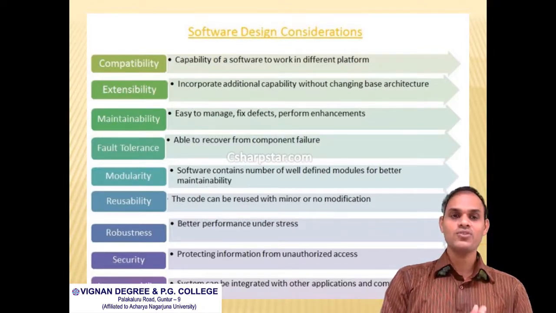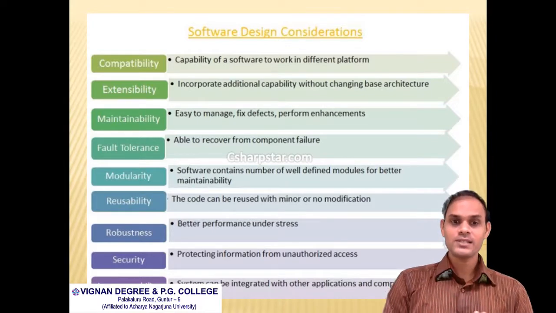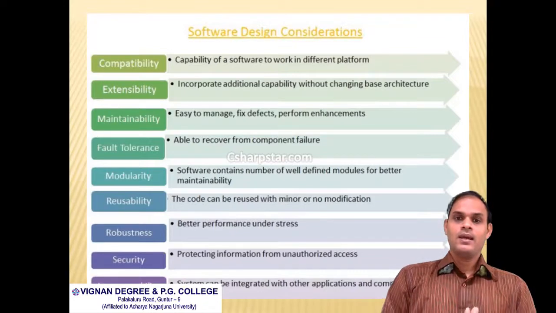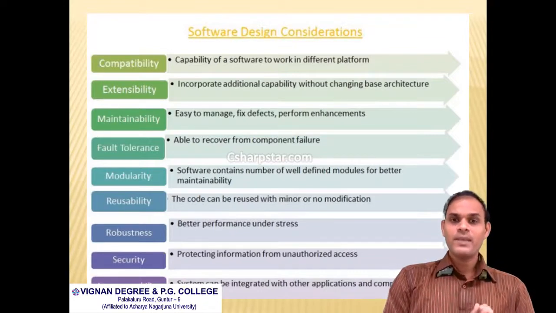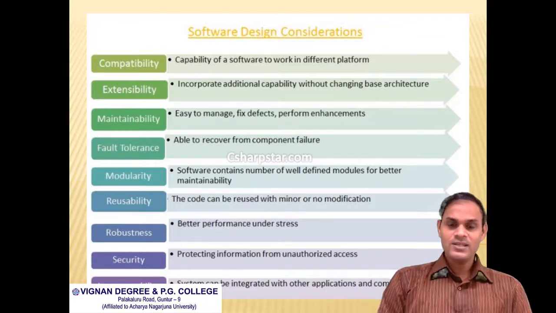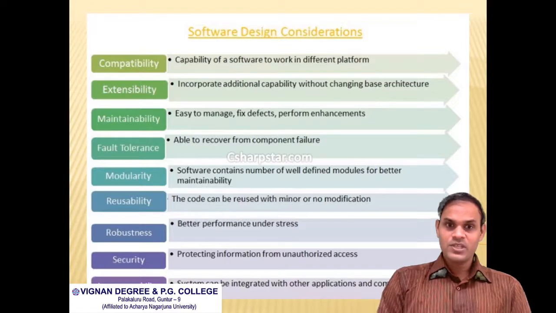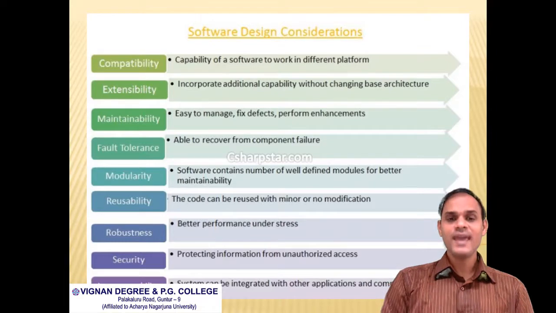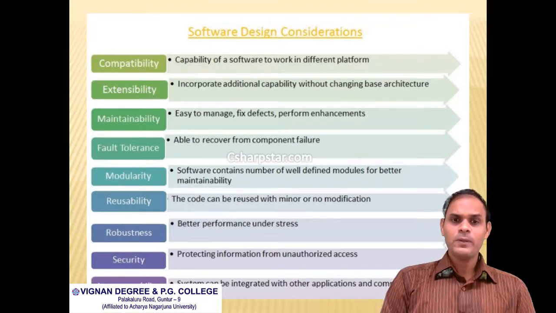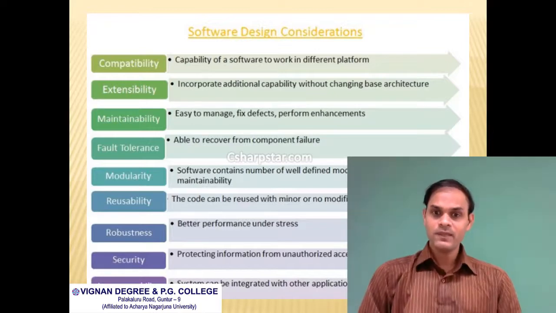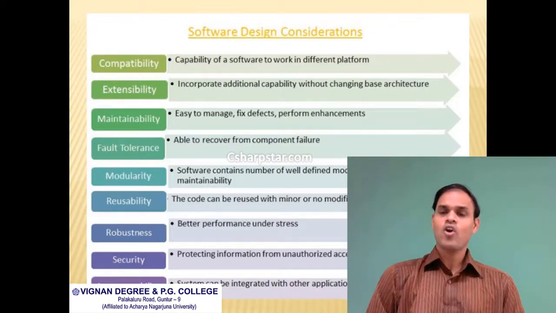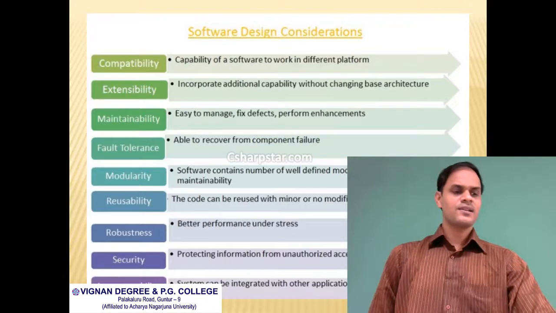Robustness means better performance under stress. Security means protecting the information from unauthorized access. And finally interoperability means the system can interoperate with other applications and components. These are the software designing considerations.